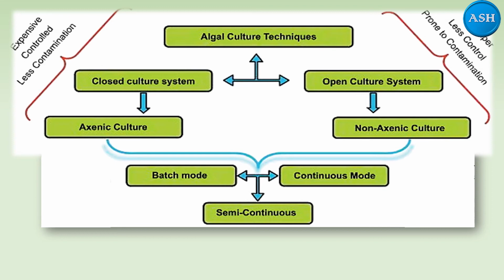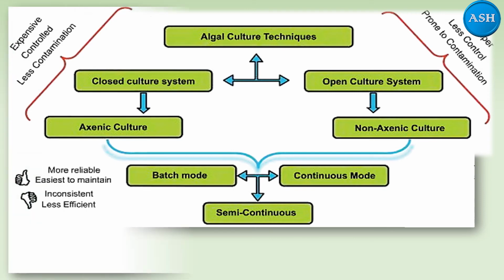But the open culture system is cheaper, as it is done in open space, but it is less controllable, meaning it cannot be controlled easily, and it is more prone to contamination.